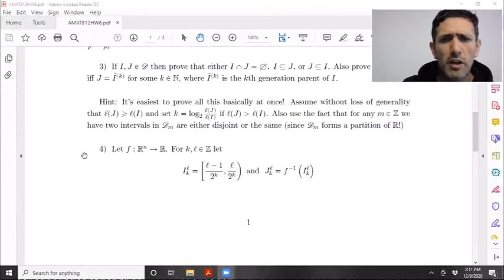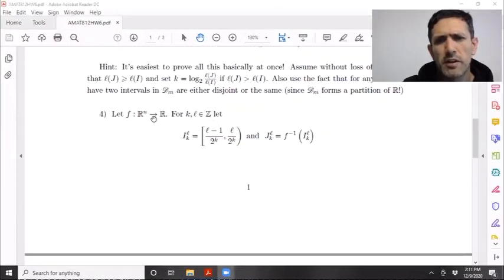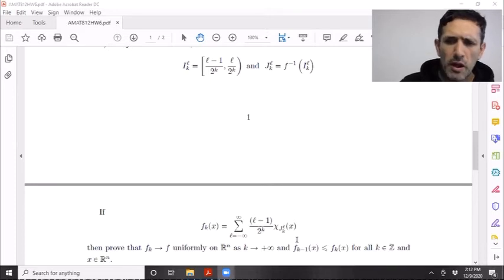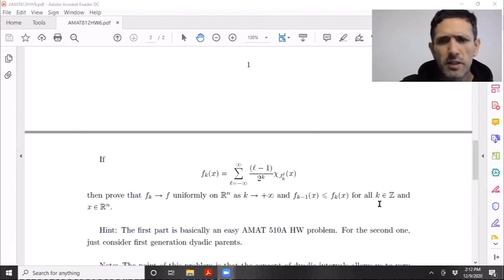So let me go back to problem 4. What's problem 4? Remember, problem 4 is if f is a real function, and we define the i's and j's in this way, then fk goes to f uniformly. And in particular, this is a very canonical and simple way to uniformly approximate a function by simple functions, or maybe not necessarily.